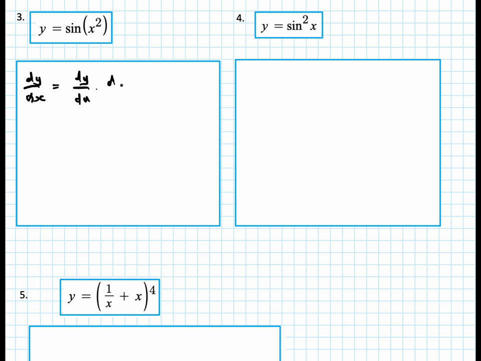So du over dx is 2x, and dy over du is cosine x squared. So cosine x squared times 2x, and of course put your 2x out the front if you want. Those are just the conventions of writing these things in terms of coefficients, variables, and constants. You'll probably put the constant out front, things like that.